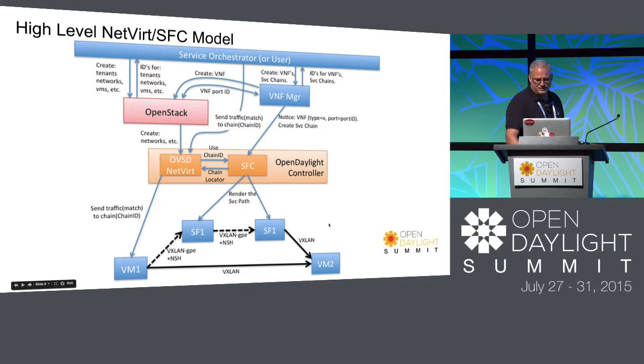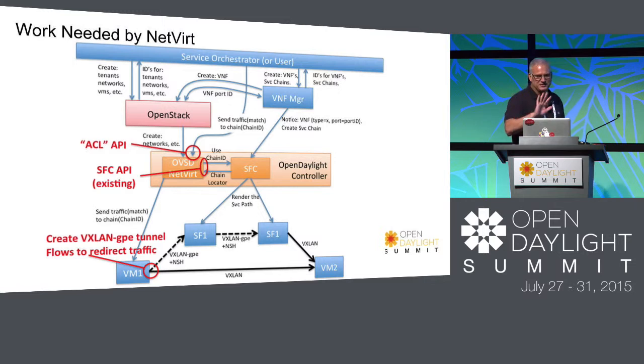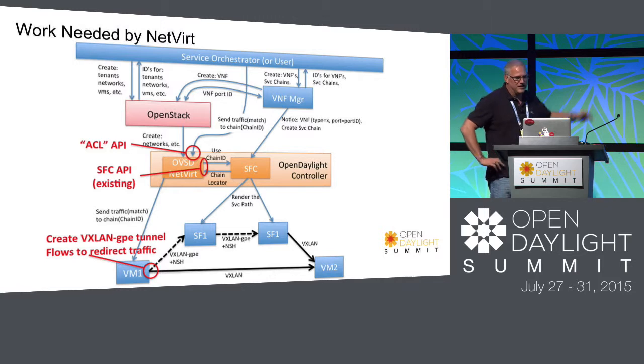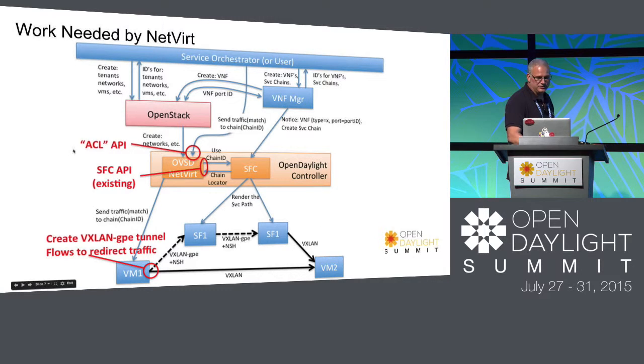So what would we need to do to make use of all this infrastructure? There's probably some other options on how to do that, but that's still work in progress. I highlighted here in red what I think are the things that we would need to do to make this work. At the top here, we would need to implement this classification API or ACL API.